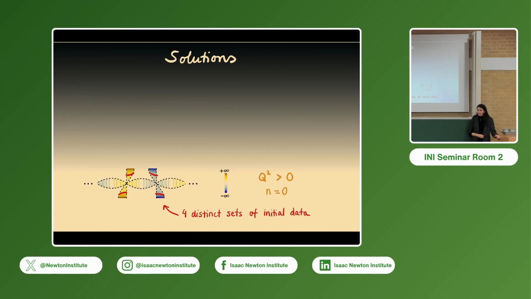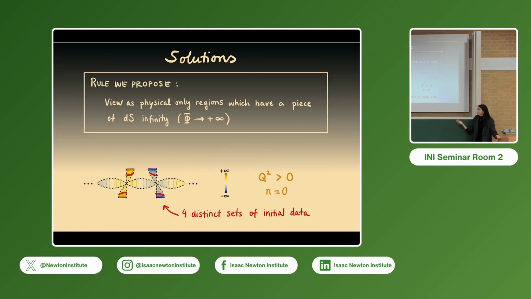This is puzzling, and in order to deal with it, we proposed a posteriori the following rule. There might be others, but this is one intuitively physical suggestion we make: we propose to view as physical only spacetimes resulting from these quotients that contain a de Sitter region in them. After all, we wanted this to be a theory of de Sitter.